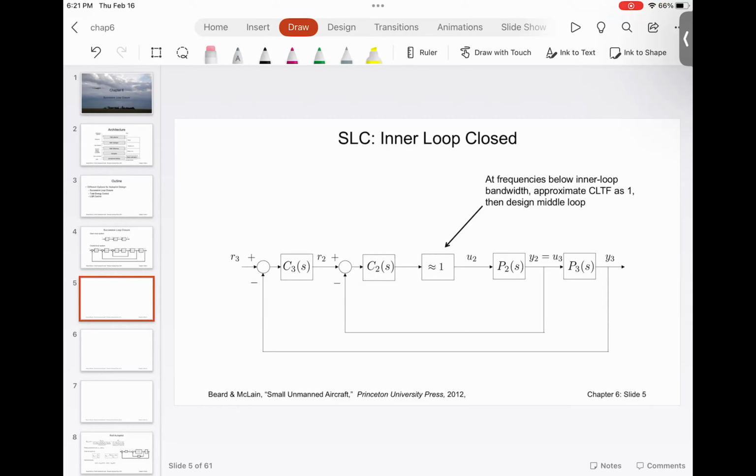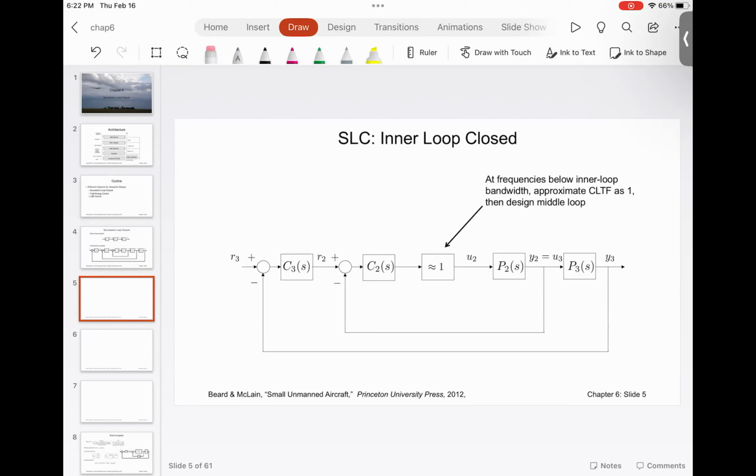So for an aircraft, stabilization must be the internal loop. So what I'm going to do is, I'm going to design a control algorithm so that the internal loop becomes one. Which means whatever is the input becomes the output.